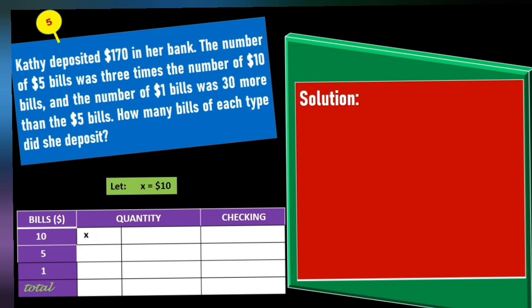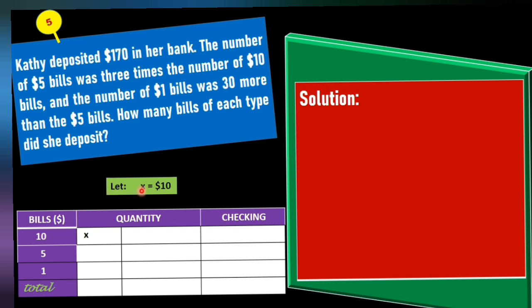Problem number 5. Kathy deposited $170 in bills in her bank. The number of $5 bills was 3 times the number of $10 bills, and the number of $1 bills was 30 more than the $5 bills. How many bills of each type did she deposit?